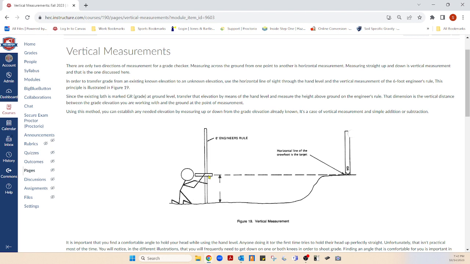But if he puts a stake in, and it turns out to be like from here down to the ground, the simple way to look at this would be that to get to here from here is going to be 3 foot.